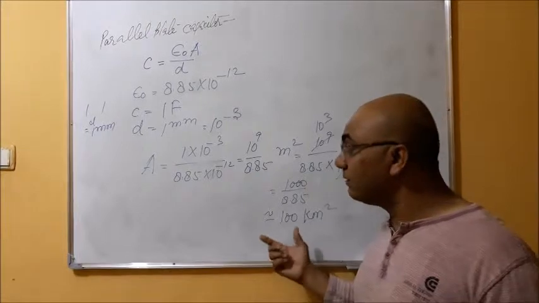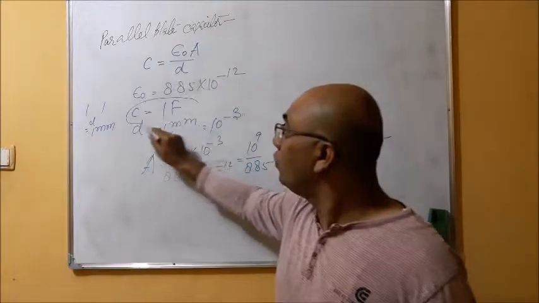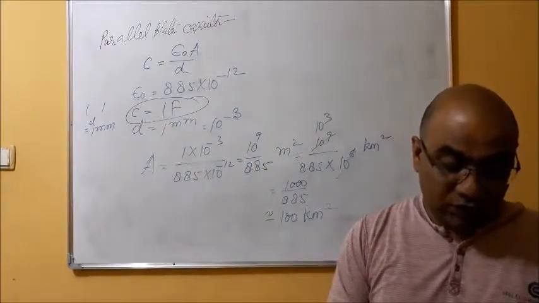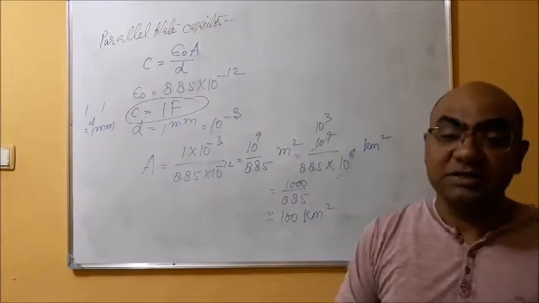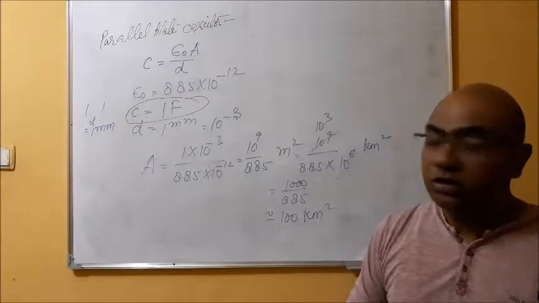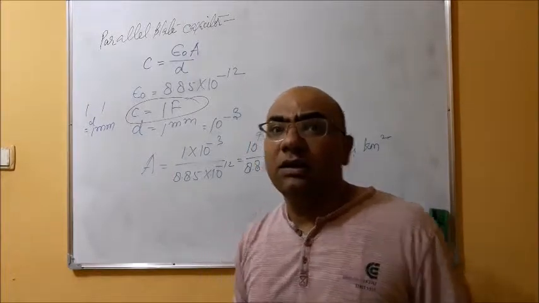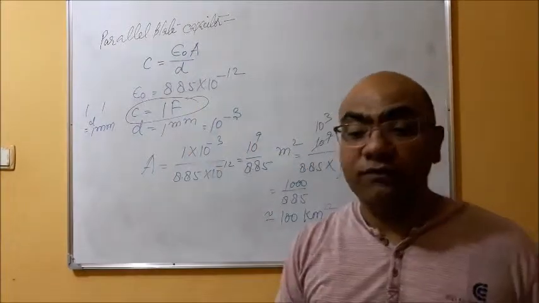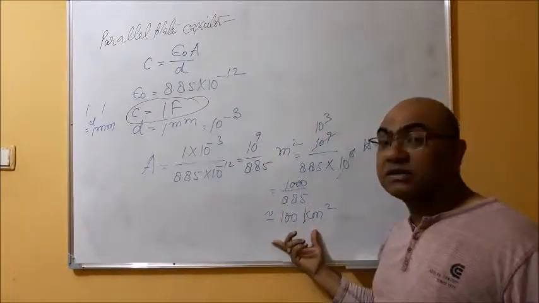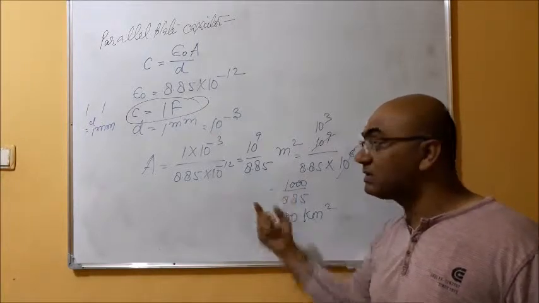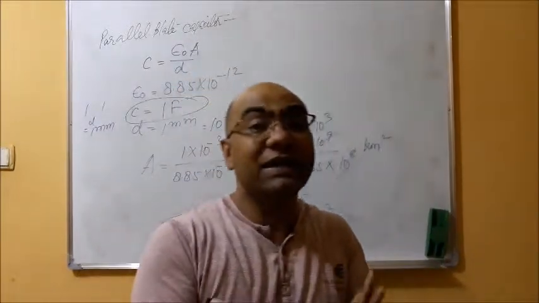And hence we cannot define a capacitor with a value of 1 farad. Before this discussion I told you why the value of capacitance cannot be in the range of farads. This is the reason: practically it is not feasible, because the area of the parallel plate capacitor should be 100 kilometers square.